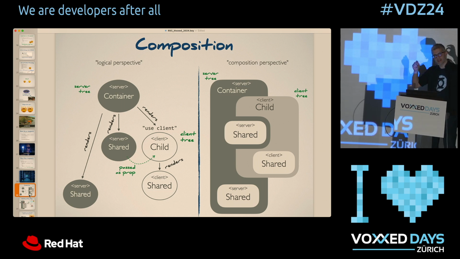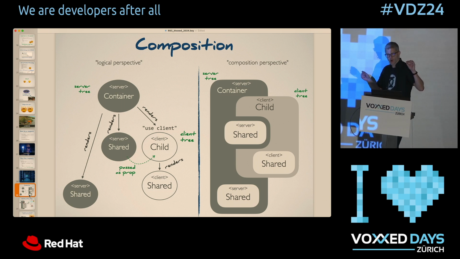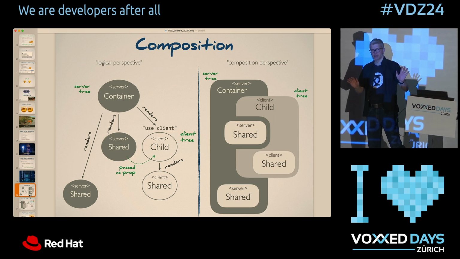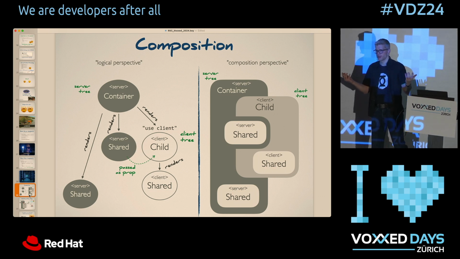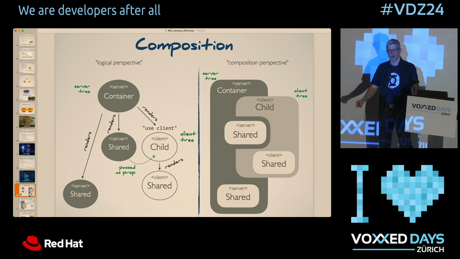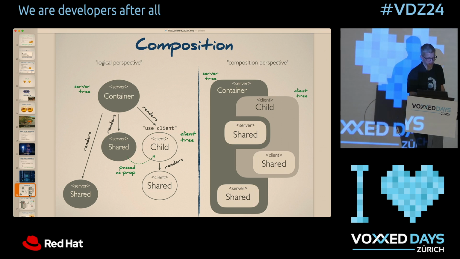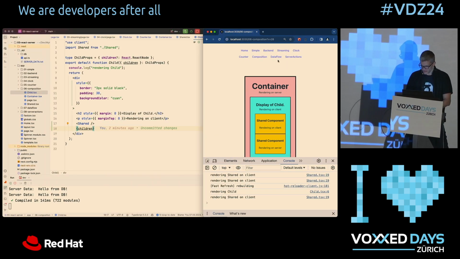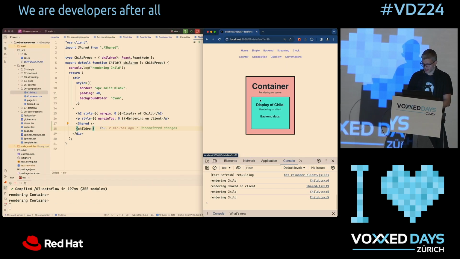And now it's really getting interesting, because now we have a component tree that spans client and server. What about data flow? Data can flow through the component tree. Let's experiment with that. So we have here this data flow example. I have a container and I have a child.